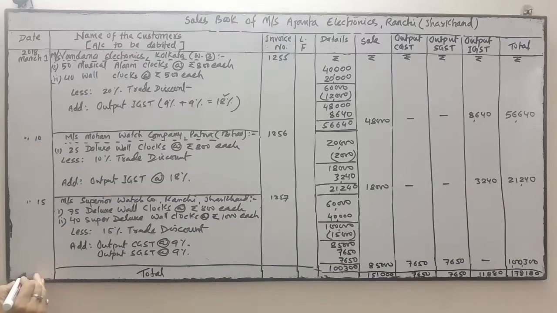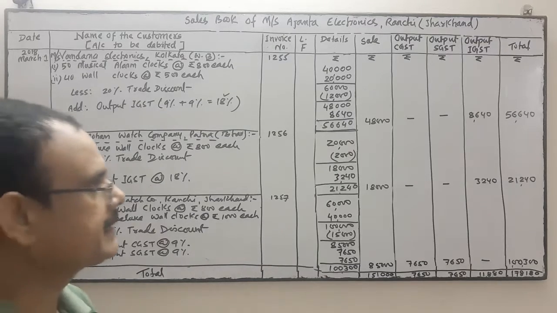The end of the month is March 31st, so we'll do the total on this date.